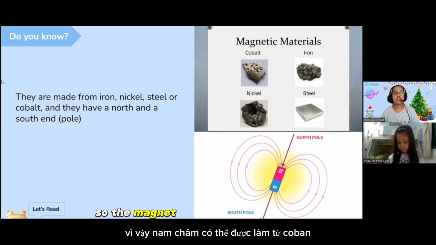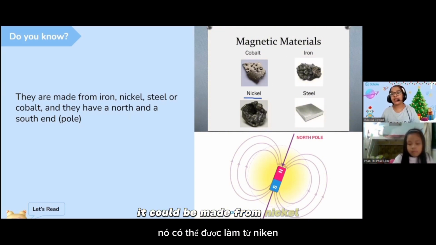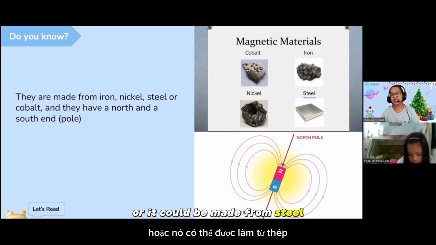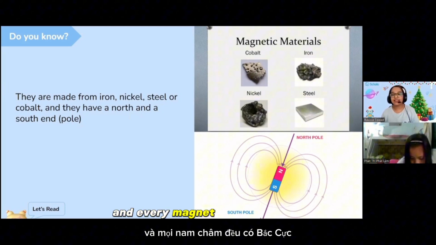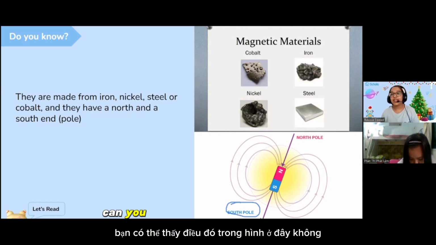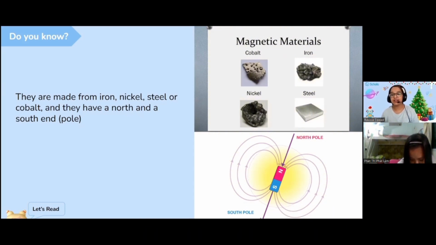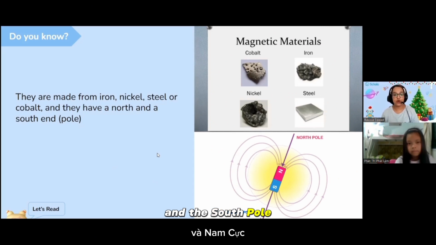So the magnet could be made from cobalt, it could be made from iron, it could be made from nickel, or it could be made from steel. So these are the four items that can be used to make your magnets. And every magnet has the North Pole and it has the South Pole. Can you see that in the picture over here? Yes, so the magnet has the North Pole and the South Pole.